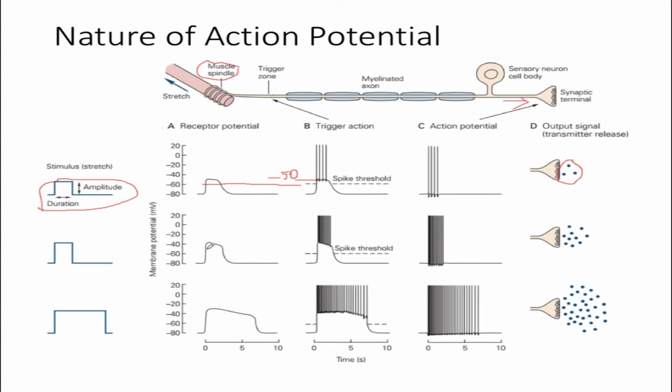Now if the signal continues with a higher value, for some kind of high intensity values, then once again it will check whether it is above the threshold level or not. If it is above the threshold level, then the frequency of the spike may increase, not the intensity. Generally the spike amplitude will not change. You can see here it is about 20, here also it is about 20.